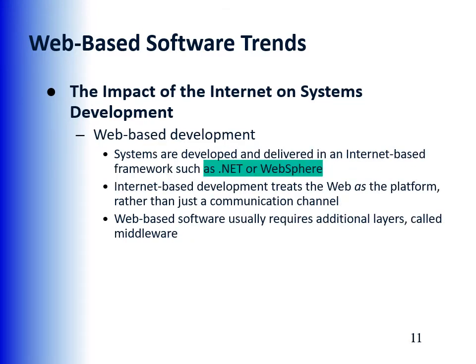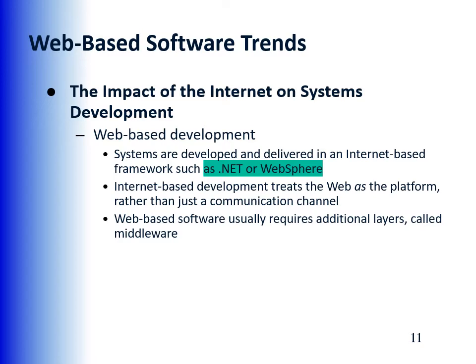In web-based development, systems are developed and delivered in an internet-based framework such as .NET or WebSphere. Internet-based development treats the web as the platform rather than just a communication channel. Web-based software usually requires additional layers called middleware.